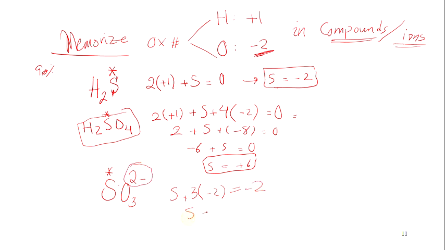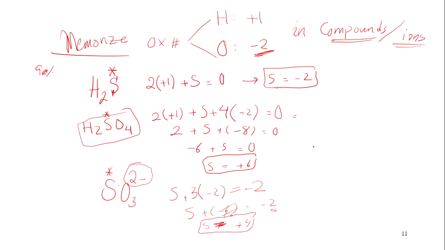So S plus -6 is going to be -2. So we add +6 to both sides, and we are going to have +4. Again, it is a different number than we already calculated.